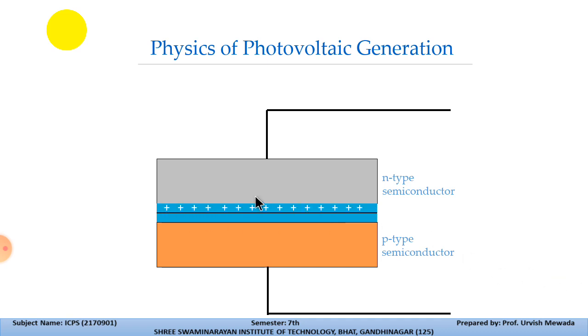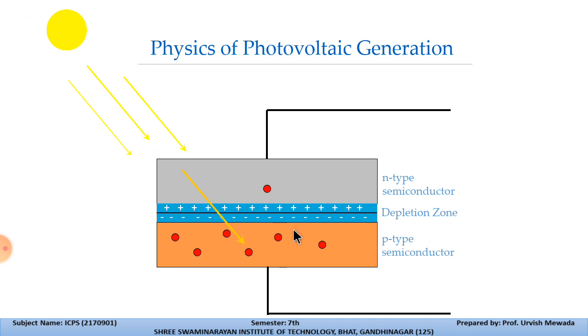Now you can see that at the depletion layer, these are the positive charges, and on the below side we have the negative charges. They do not easily cross this depletion layer because this junction is very strong. Now once light is thrown on these two plates, this will get heated up, the depletion layer will get broken, and recombination of charges will take place.